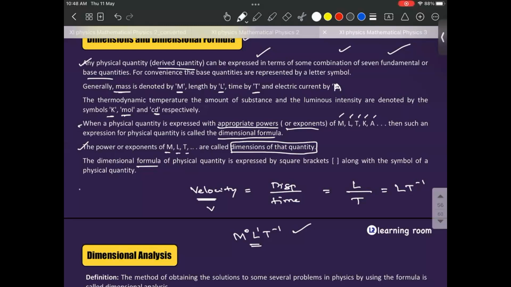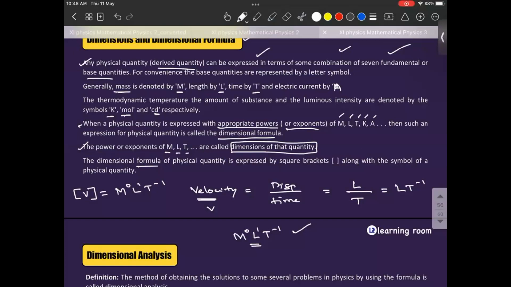So the meaning of this, if I write something like this, is the dimensional formula of velocity. The dimensional formula of a physical quantity is expressed by square brackets along with the symbol of the physical quantity.